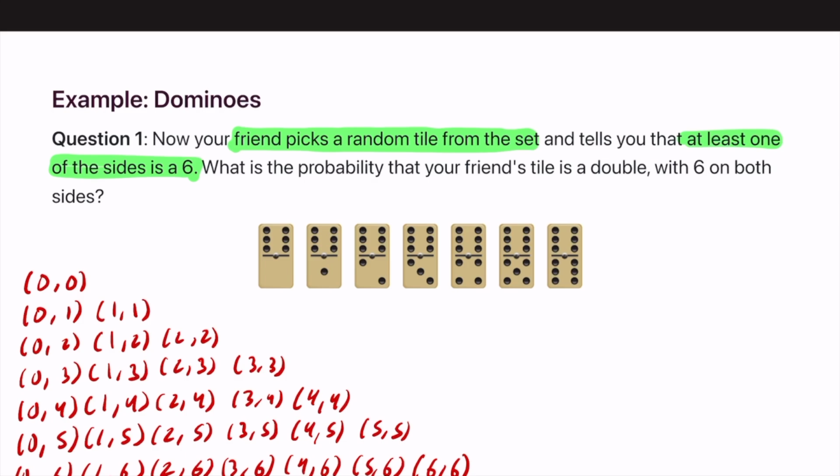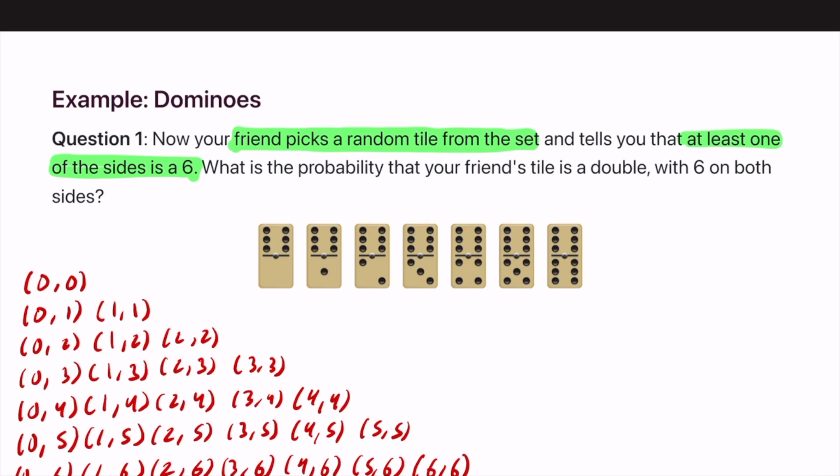So already we know that we're dealing with a domino tile where at least one of the sides, so that side or that side, has a 6. So I guess actually it could be this. So that leaves us with only 1, 2, 3, 4, 5, 6, 7.